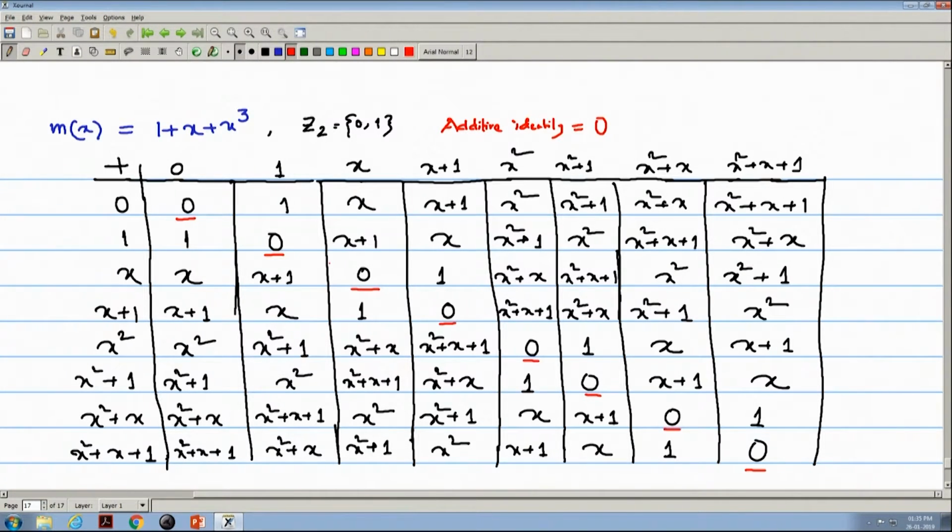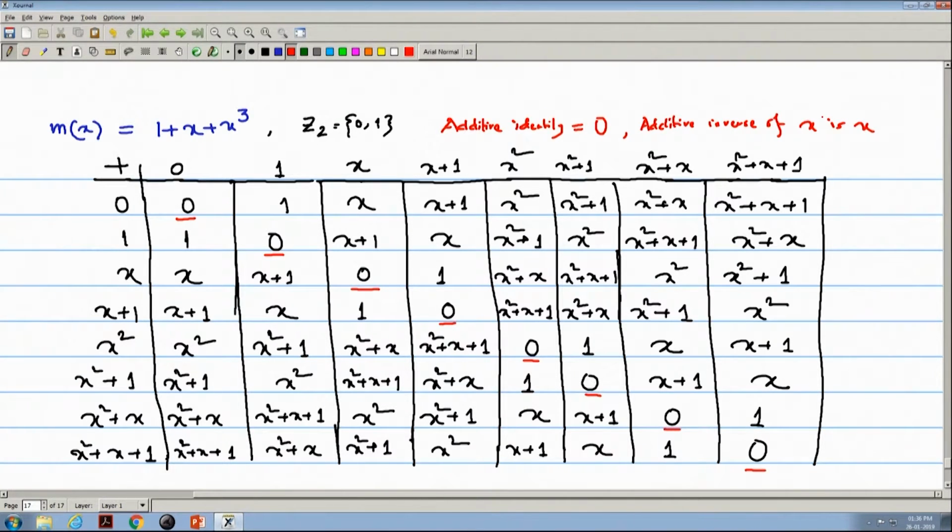So, I get 0 plus 0 is 0, 1 plus 1 is 0, x plus x is 0, that means the additive inverse is the element itself. So, the additive inverse of x is x itself.